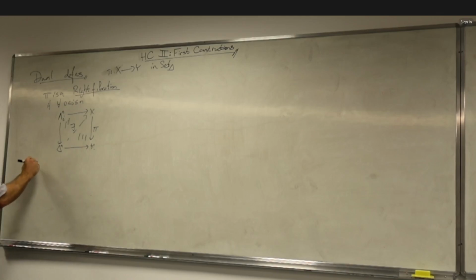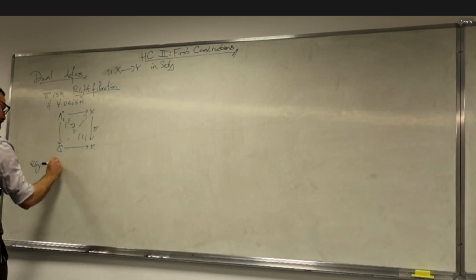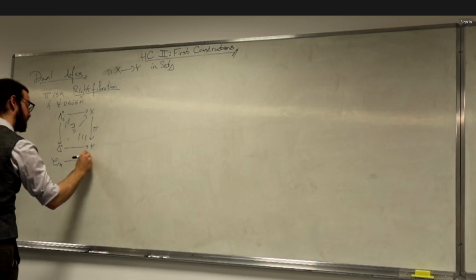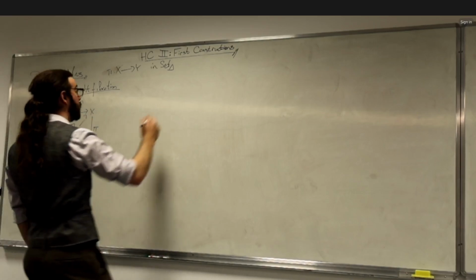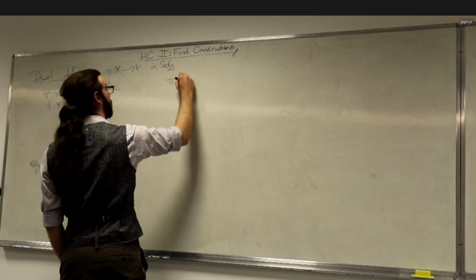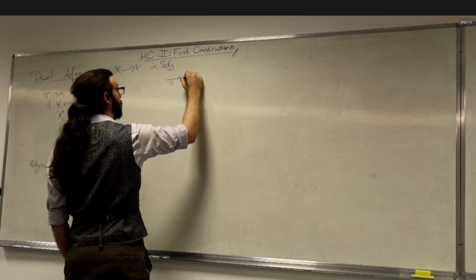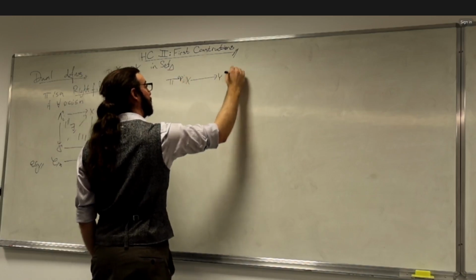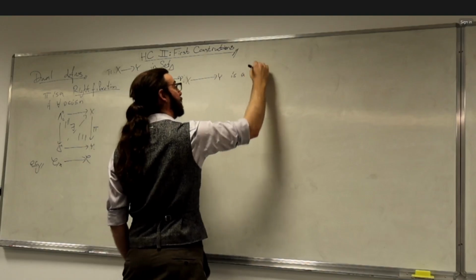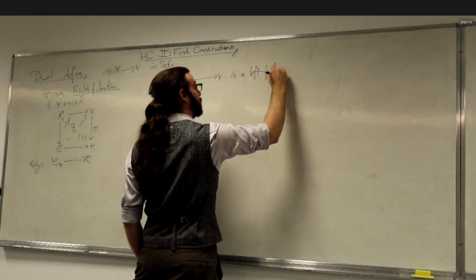And as an example, we have C over x to C. Dually, we can say pi from X to Y is a left fibration.